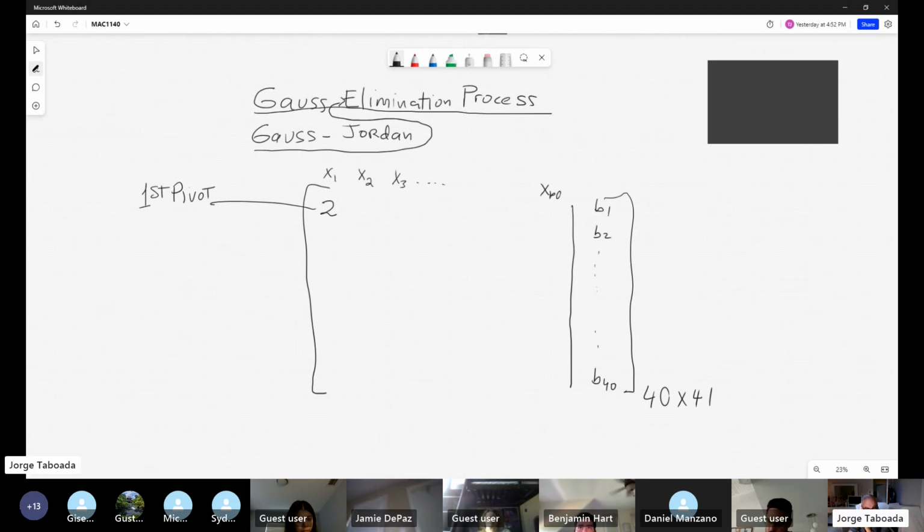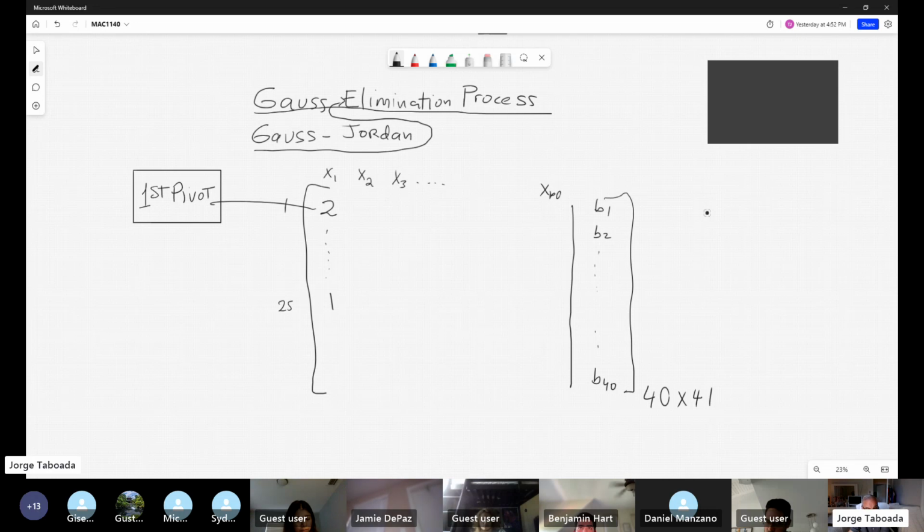And you understand very well what the pivot is now. Suppose I need to create a pivot, I need one, not two. Suppose in another equation, say equation 25, we have 1. This is equation 25, and this is equation 1.